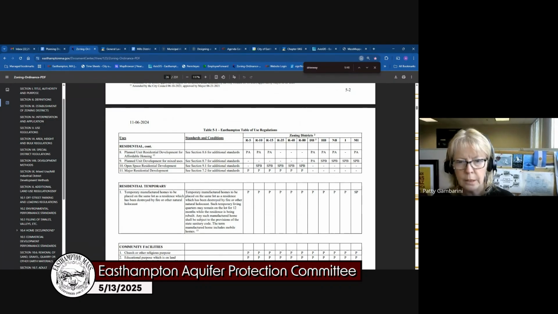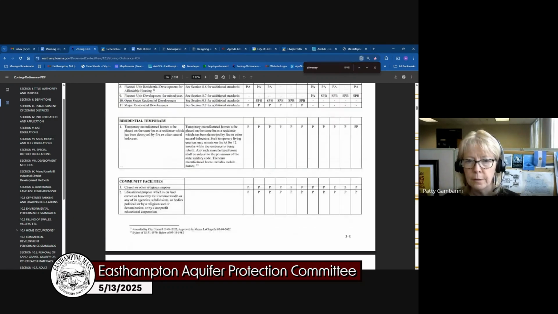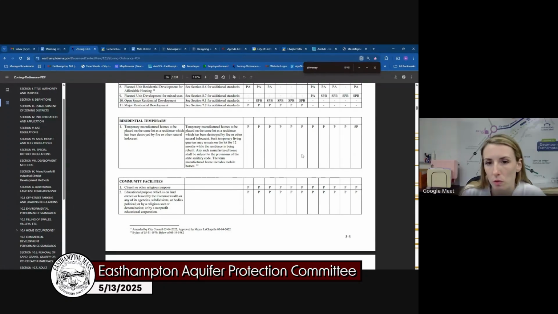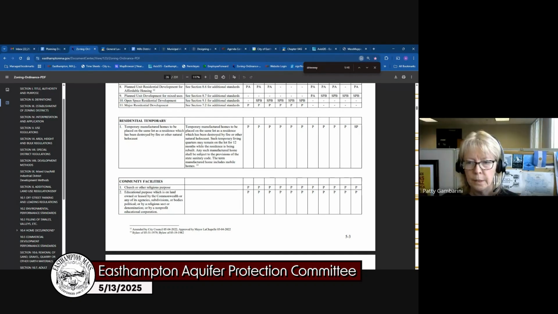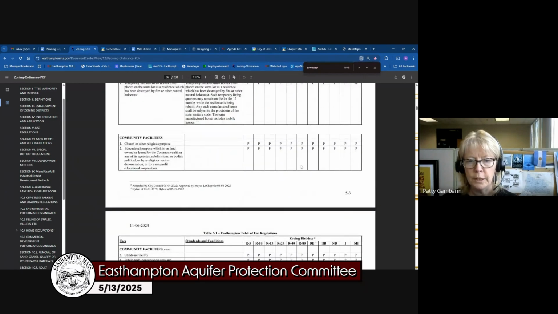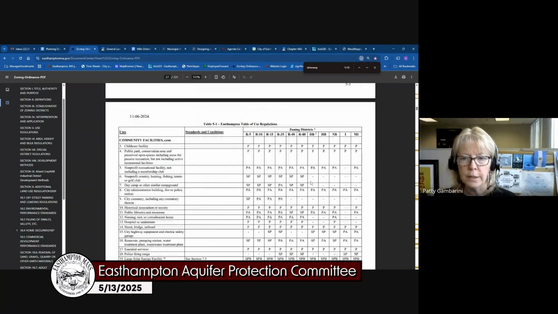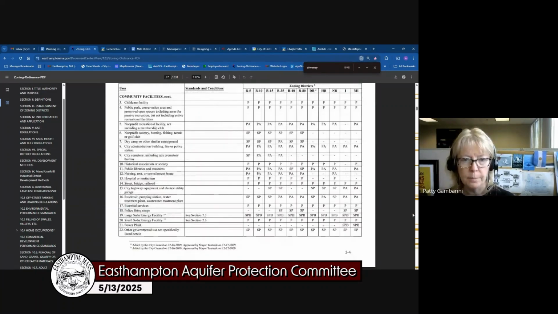Then if we scroll down, manufactured homes is allowed by right. It's temporary, right? Temporary manufactured homes if a home's been destroyed by fire. Yeah, it's required by Mass General Law that you allow that. And then the other uses are church or other religious purpose, educational purpose, child care facility, then public parks.